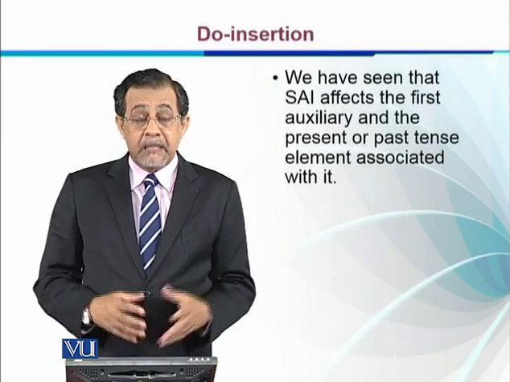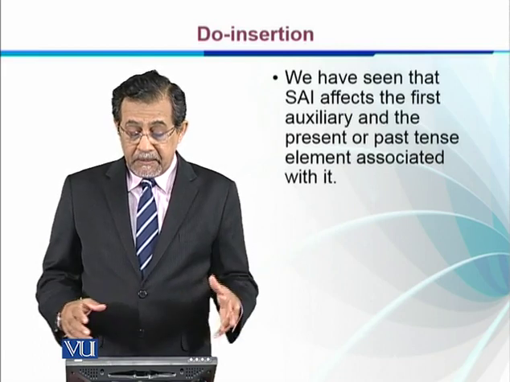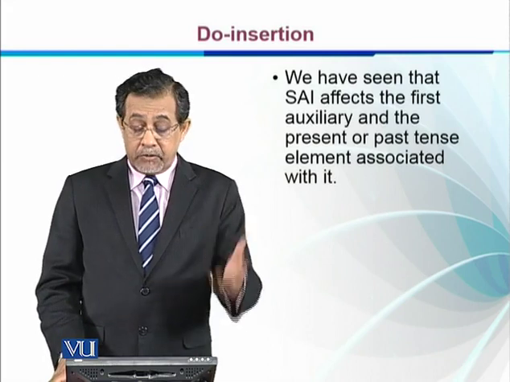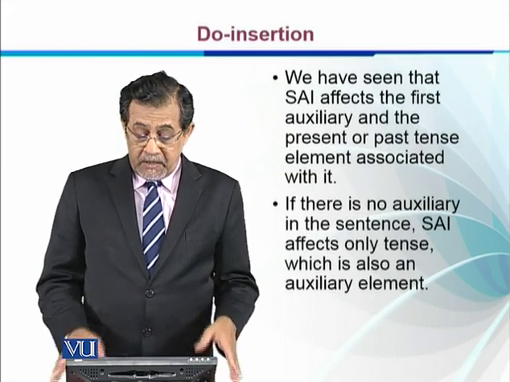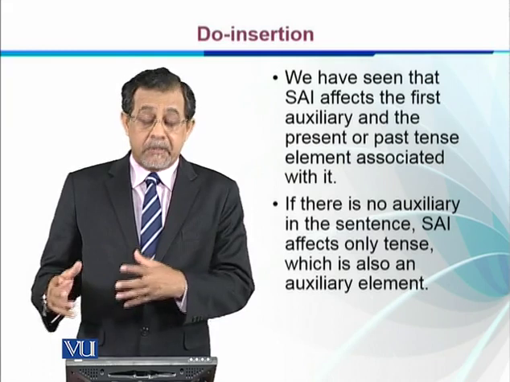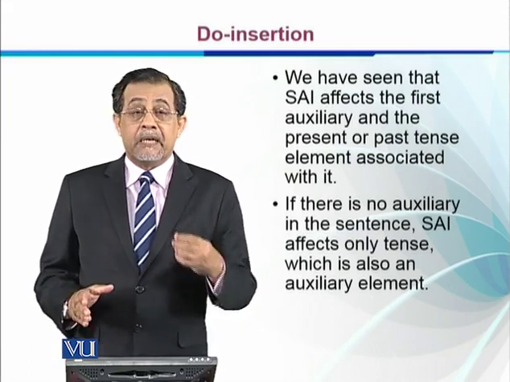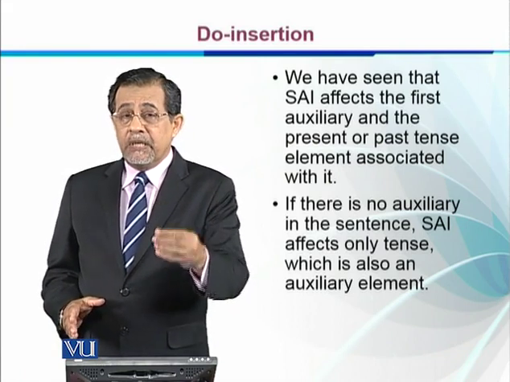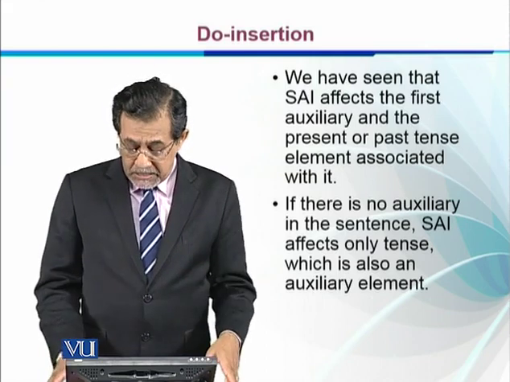So we have seen that subject auxiliary inversion affects the first auxiliary and the present or past tense element associated with it. For example, do in the present and did in the past. If there is no auxiliary in the sentence, inversion affects only tense, which is also an auxiliary element, and tense is, we know, whether it's present or past, and we know that present is do and past is did.